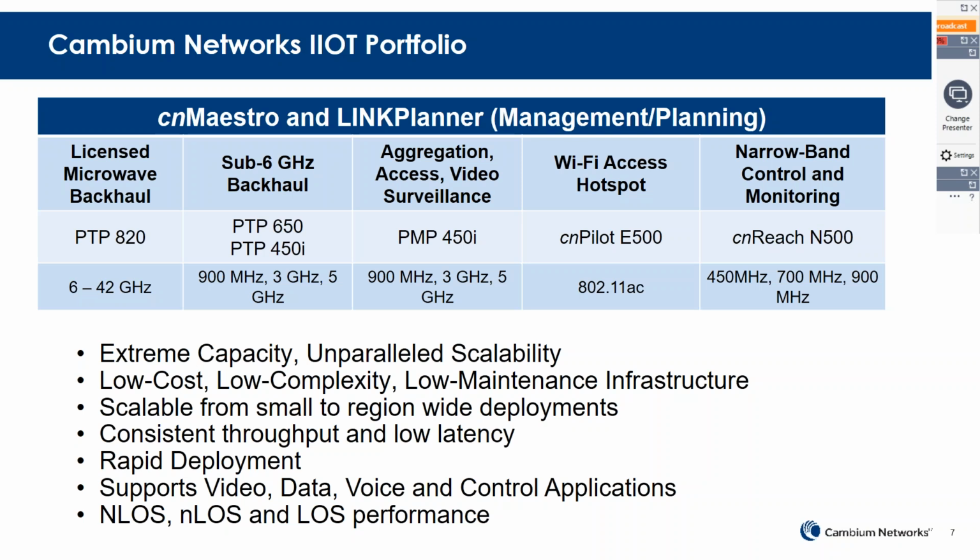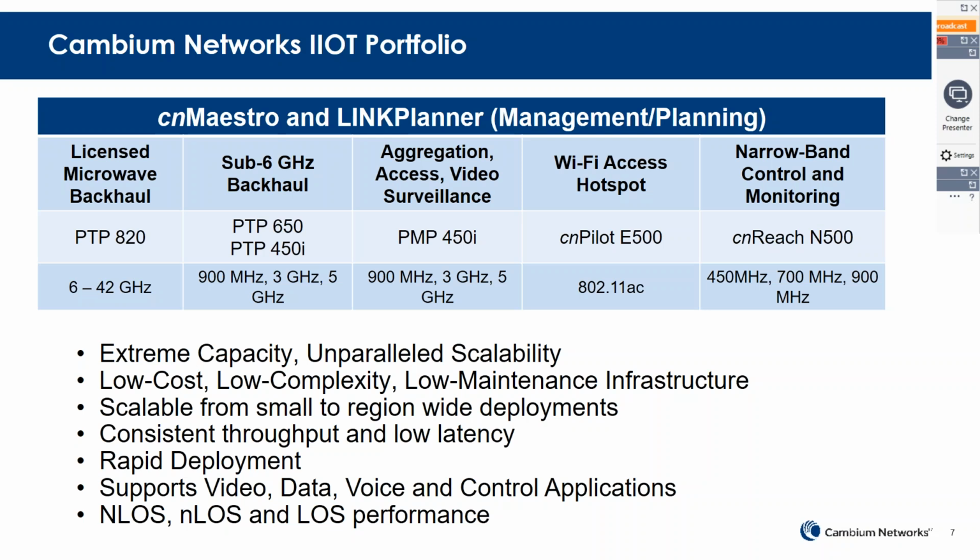If you have to use non-line of sight, we have the cnReach product line, the N500, which was introduced recently and operates from 450 megahertz to 900 megahertz. We are going to have some lower frequency radios down the road also.